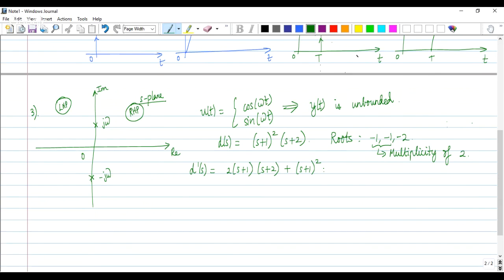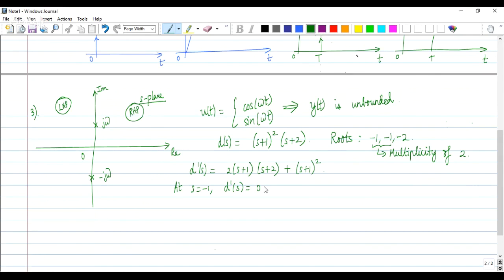So you see that at s equals minus 1, even the first derivative is 0, in addition to the polynomial being 0. That's one way you can find the multiplicity of a pole in general.